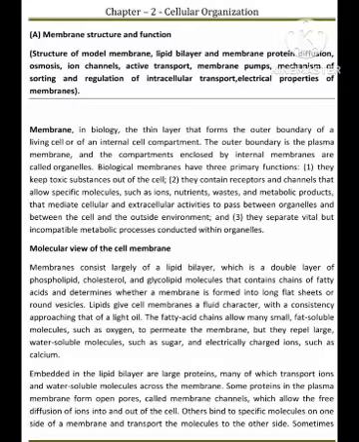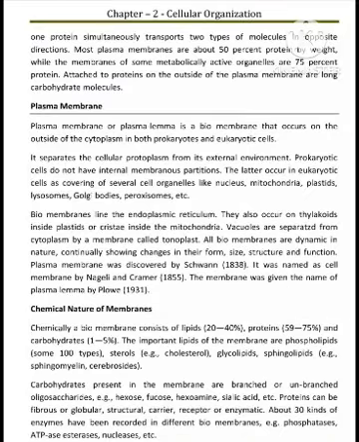Next slide, the plasma membrane or plasma lamella is a biomembrane that occurs on the outside of the cytoplasm in both prokaryotic and eukaryotic cells. It separates the cellular protoplasm from its external environment. Prokaryotic cells do not have internal membranes, which occur in eukaryotic cells as coverings of several cell organelles like the nucleus, mitochondria, plastids, lysosomes, Golgi bodies and peroxisomes.